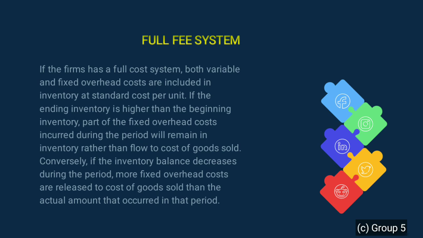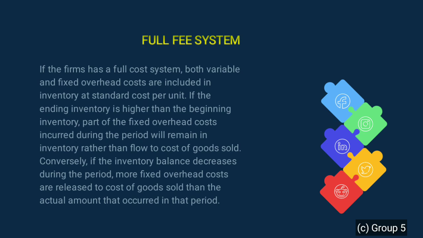If the ending inventory is higher than the beginning inventory, part of the fixed overhead costs incurred during the period will remain in inventory rather than flow to cost of goods sold. Conversely, if the inventory balance decreases during the period, more fixed overhead costs are released to cost of goods sold than the actual amount that occurred in the period.